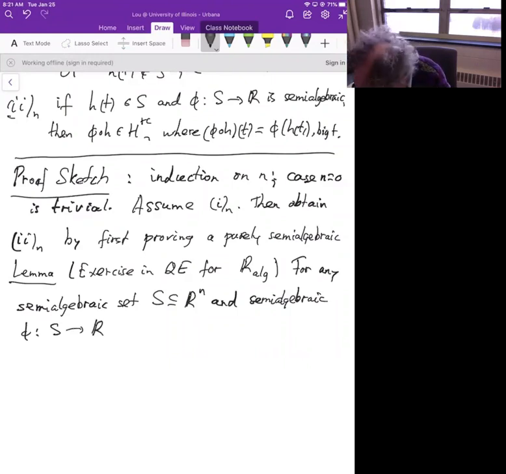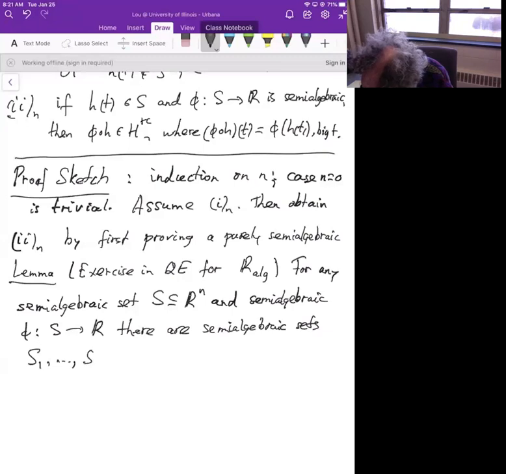You can sort of split S up into parts. There are semi-algebraic sets S1 to Sm, finitely many, and polynomials P1 up to Pm, the same number.